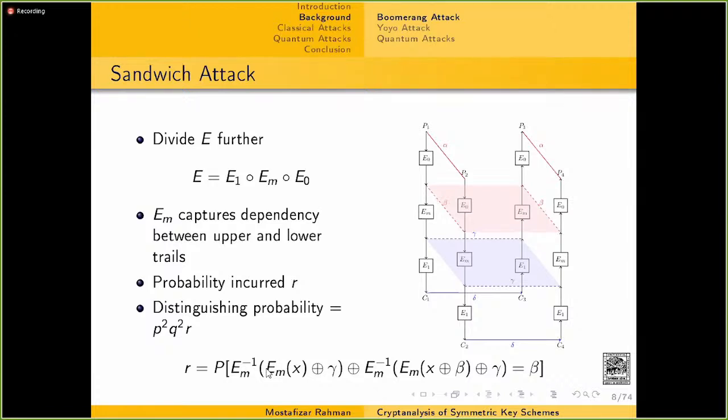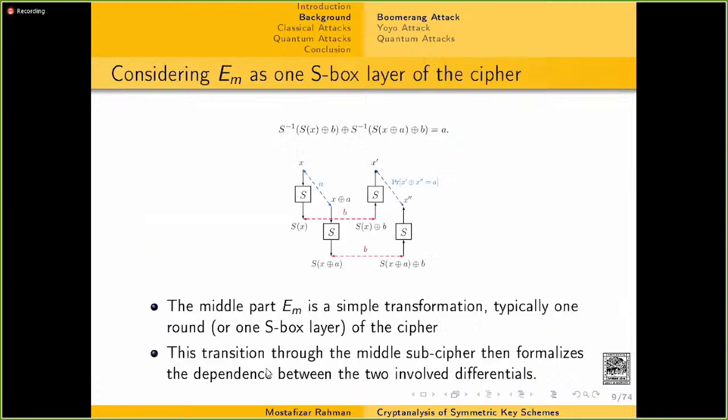Now, this dependency is captured by various scenarios. The two most famous of them are the ladder switch and the S-box switch. The ladder switch and S-box switch can be considered if we consider the EM layer as an S-box layer. It will be much easier to understand them.